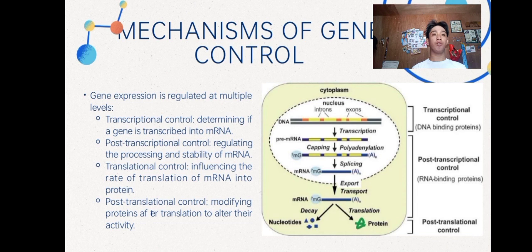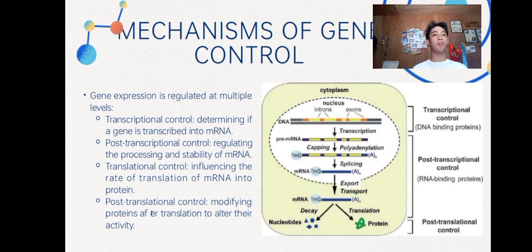Gene control is regulated at multiple levels. First is the transcriptional control, or transcriptional regulation. It is the primary level of gene control that involves the regulation of messenger RNA synthesis.